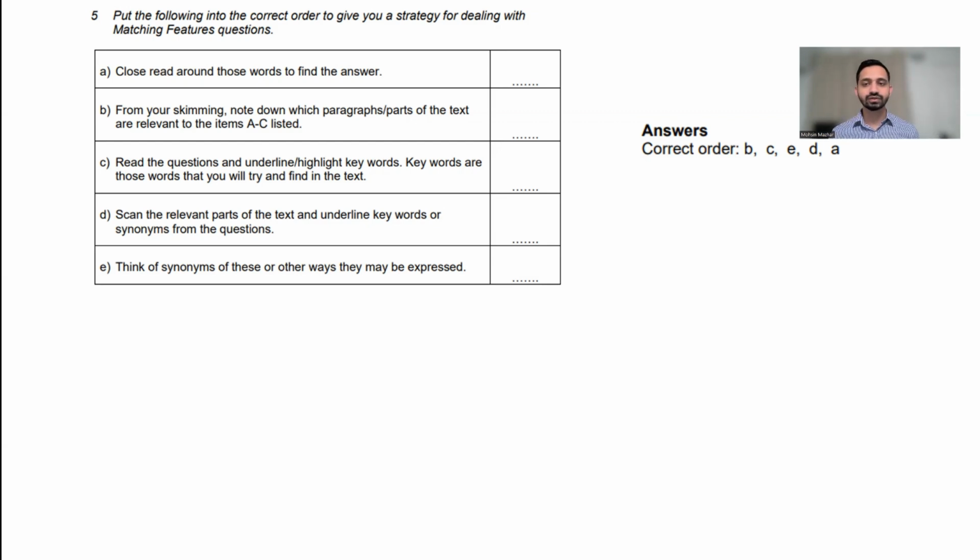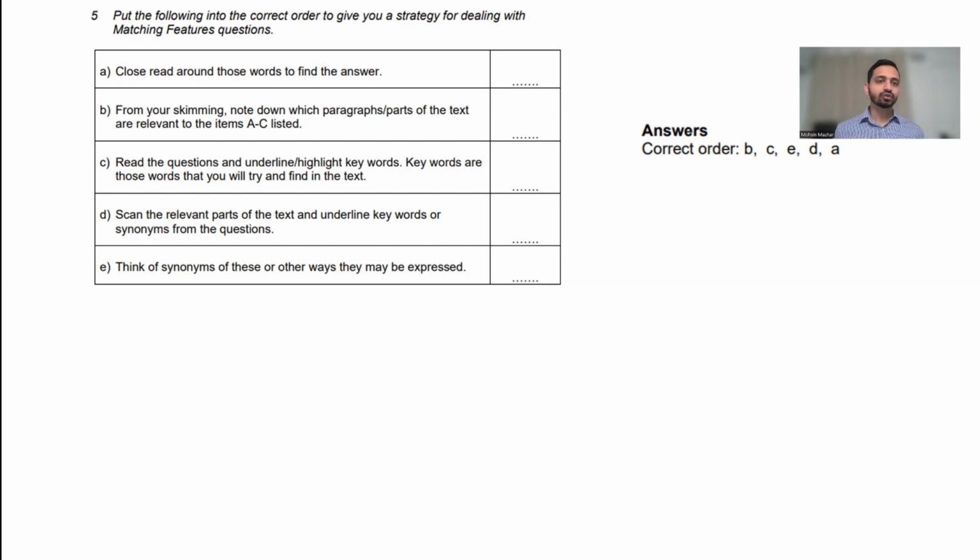Then you move on to E, which is think of synonyms of these or other ways that they may be expressed. So obviously, when you already know what keywords you're looking for, you will think of the synonyms that can be found in the text. Then you move on to D, which is scanning for relevant parts of the text and underlining the keywords or synonyms from the question, okay? Then when you've identified the keywords, you go and scan for them in the article.